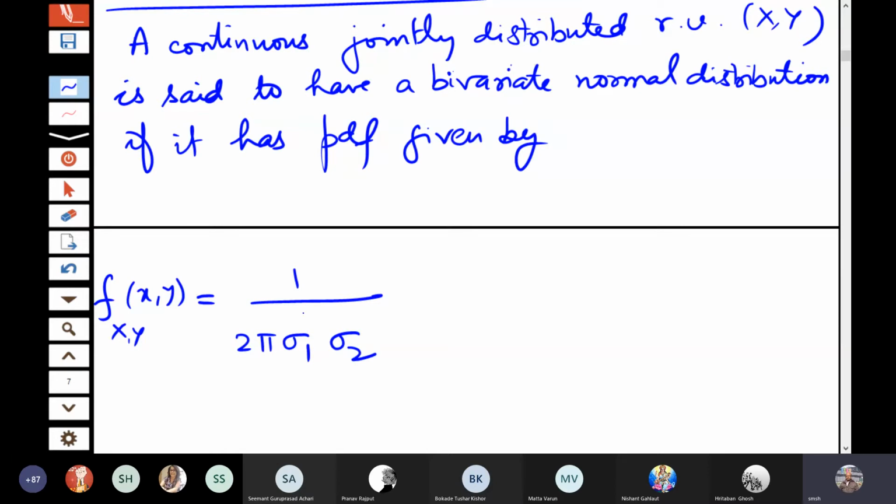So you can easily understand, in one normal distribution you had 1 by sigma 1 root 2 pi and in another one it was 1 by sigma 2 root 2 pi. So this will be the product term, but we have something more here.